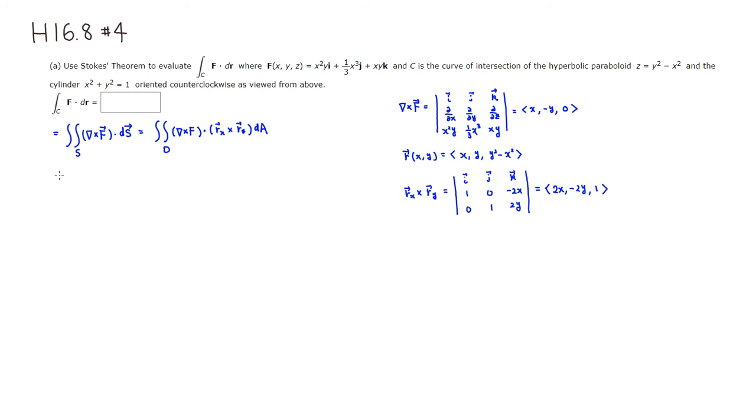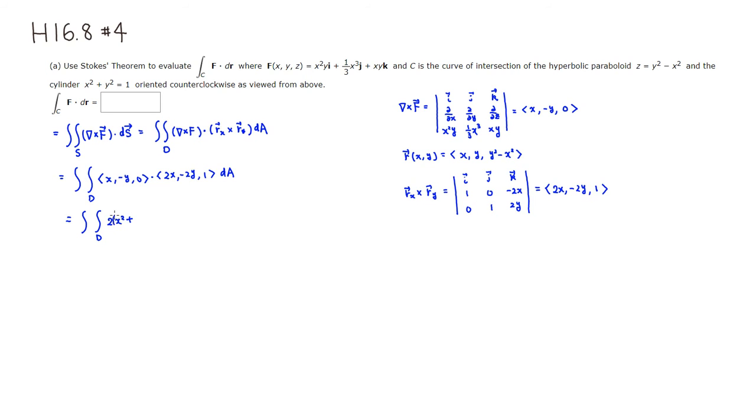So this double integral over the unit disk has curl F equal to x, negative y, 0, dotted with 2x, negative 2y, 1, dA over D. Multiplying out, you get a double integral over D of 2x squared plus 2y squared.